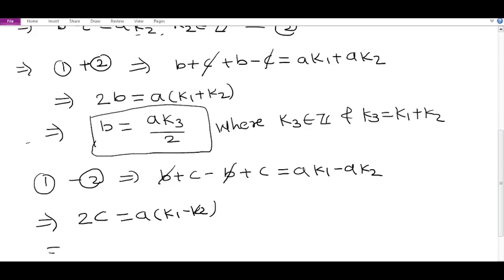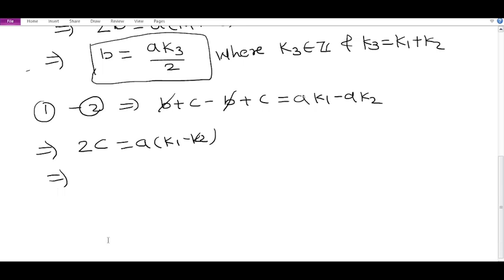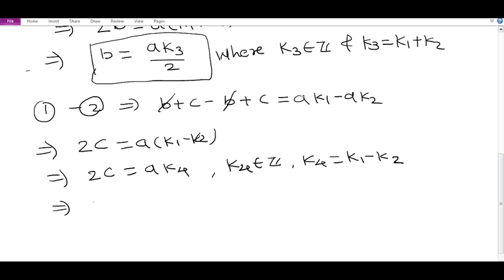So say twice c is equal to a k4, where k4 is an integer and k4 is equal to k1 minus k2. Then this implies c is equal to a k4 divided by 2.